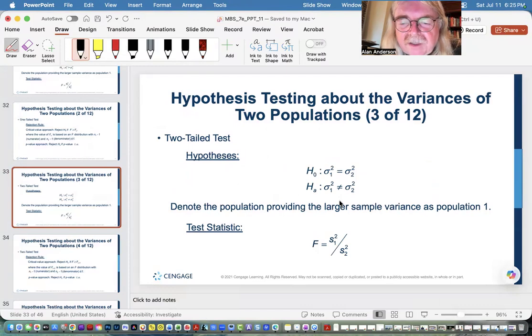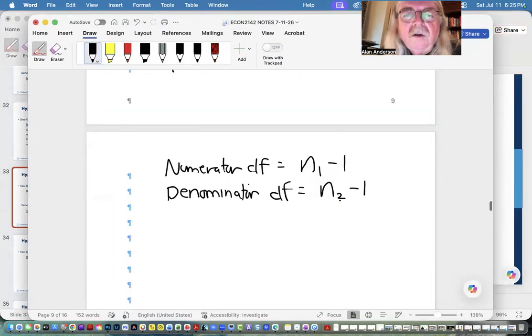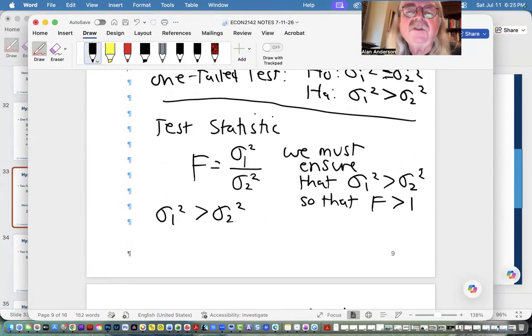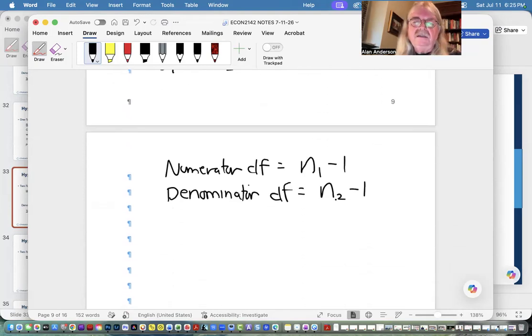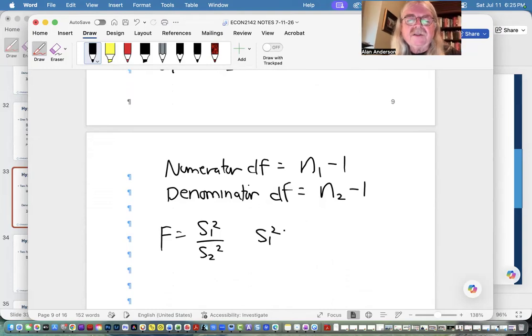All right, so here's the two-tailed test. And by the way, since we don't have access to the population variances, when we actually calculate the F statistic, it'll look like this. But again, we have to make sure that the numerator is larger than the denominator.